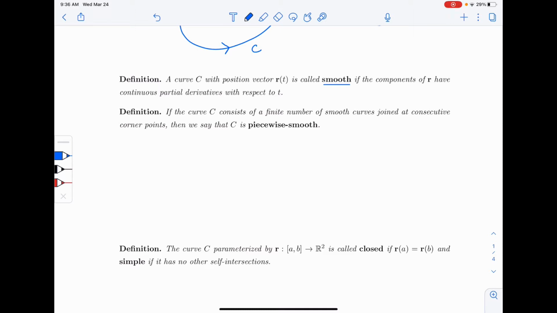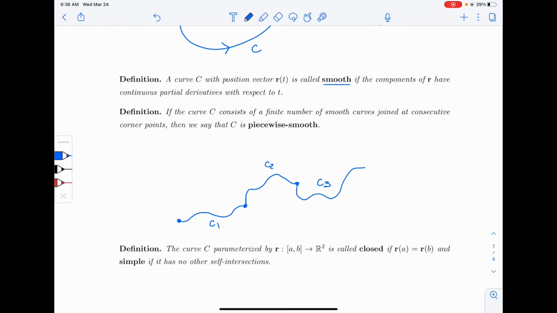So for example, we could start at a point and then we could have a smooth curve that ends here, and we'll call that C1. And then we could have a sharp corner that would not have a continuous derivative at that point. So we could have a corner there, C2, and then we could have another corner before we define C3.